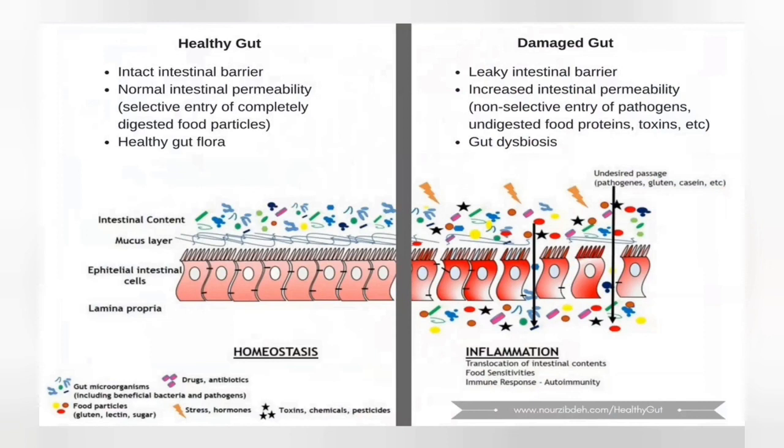On the other hand, if you have a leaky gut, that is a leaky intestinal barrier, which could be due to a variety of reasons, such as alcohol, smoking, NSAIDs, stress, anxiety. In that case, you have an increased intestinal permeability and a non-selective entry of partly digested food, proteins, or toxins into the blood, and a gut dysbiosis.